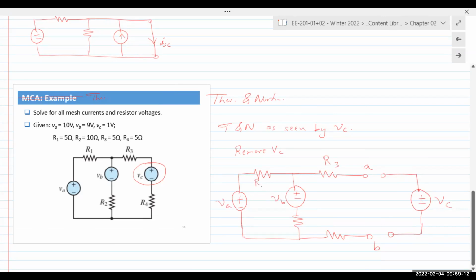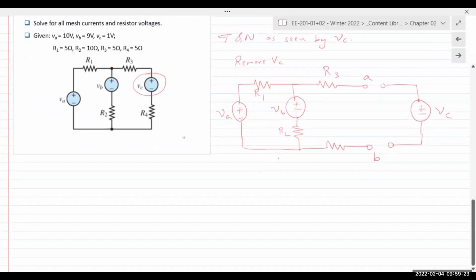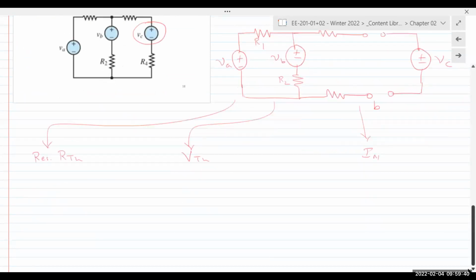Oh, it's R1. Make sense? Now, if I want to find the Thevenin resistance, I modify this 3 times. So resistance RTH, VTH, IN.